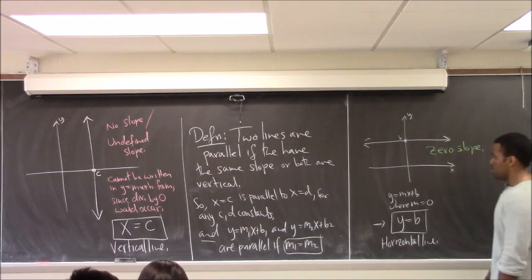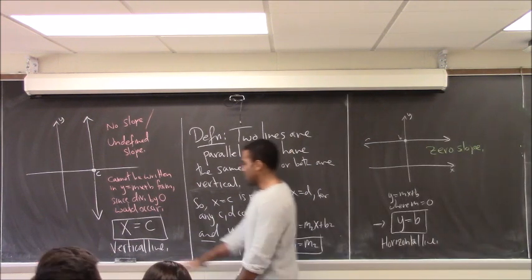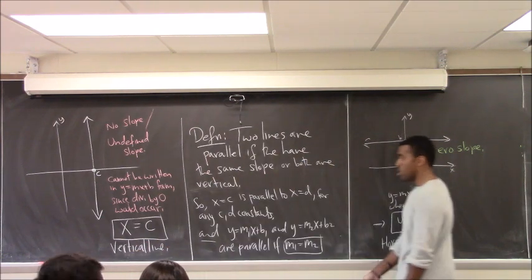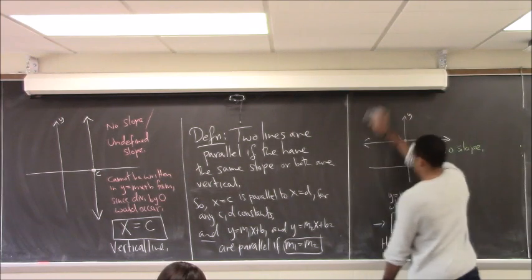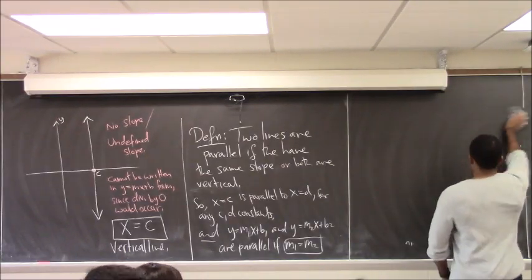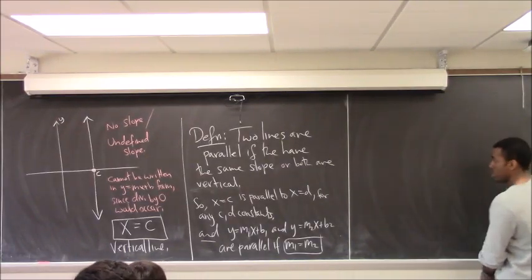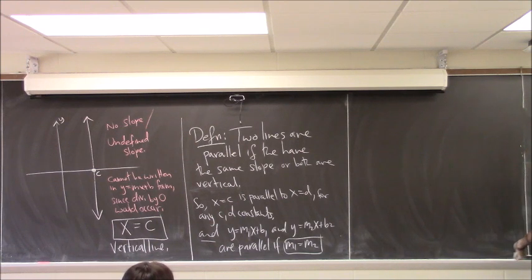So having the same slope means they are parallel. Parallel lines will either never intersect or always intersect, at least in our version of geometry, which is called Euclidean geometry. Non-Euclidean geometry can get a little bit complicated.